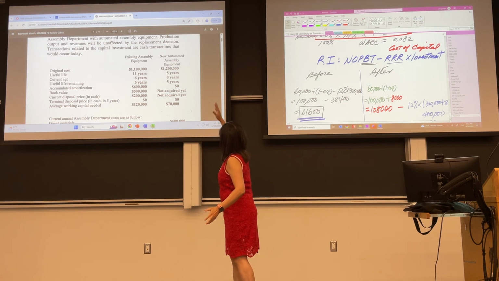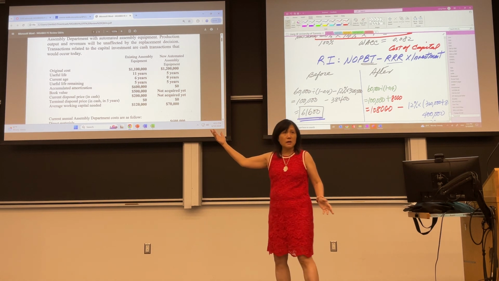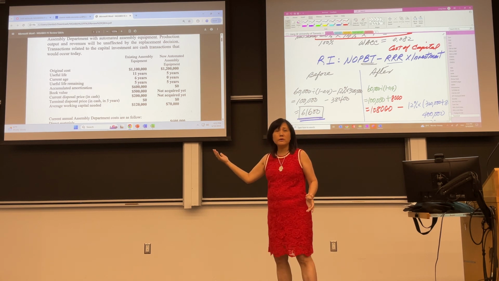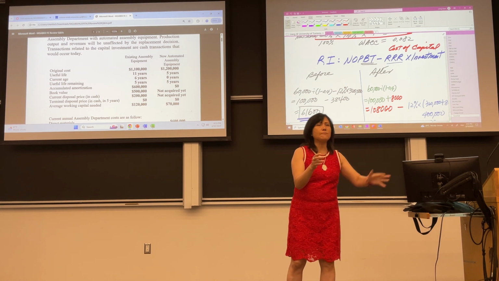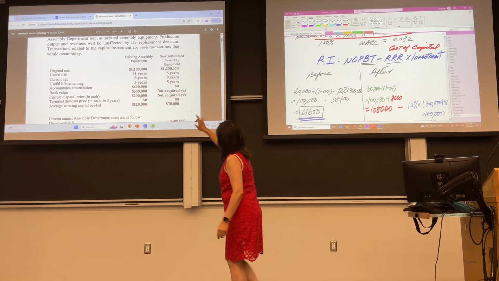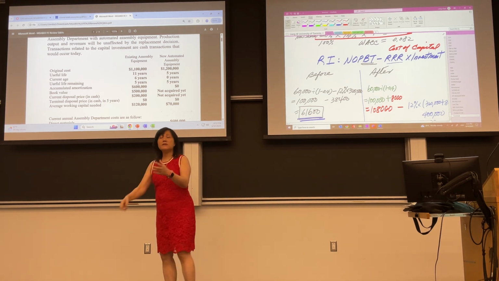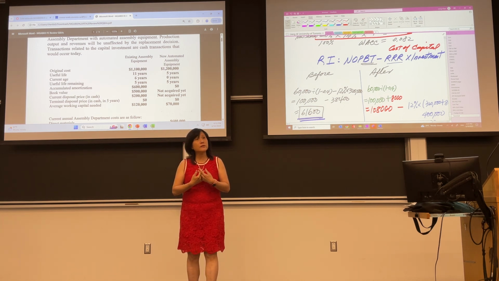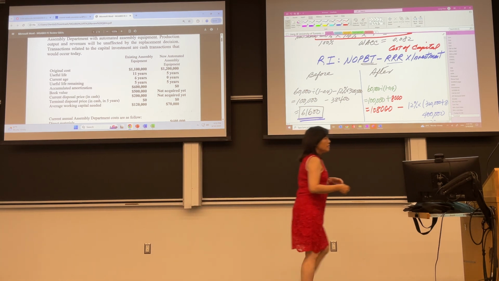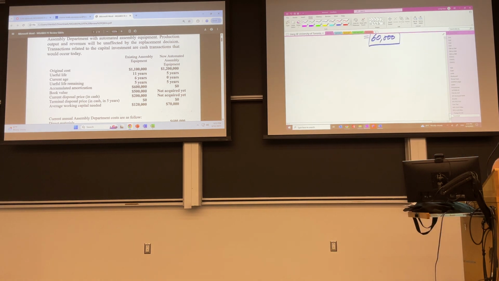Okay? Now, if you look at the new assembly equipment, it's going to cost you $1.2 million. How many years to go? It's new, never been used, so 5 years to go. So it ends at the same time. This is good. Okay, so accumulated amortization means being used up. How much? 600,000. How come it's 600,000? Because if we calculate depreciation expense, okay, $1.1 million.